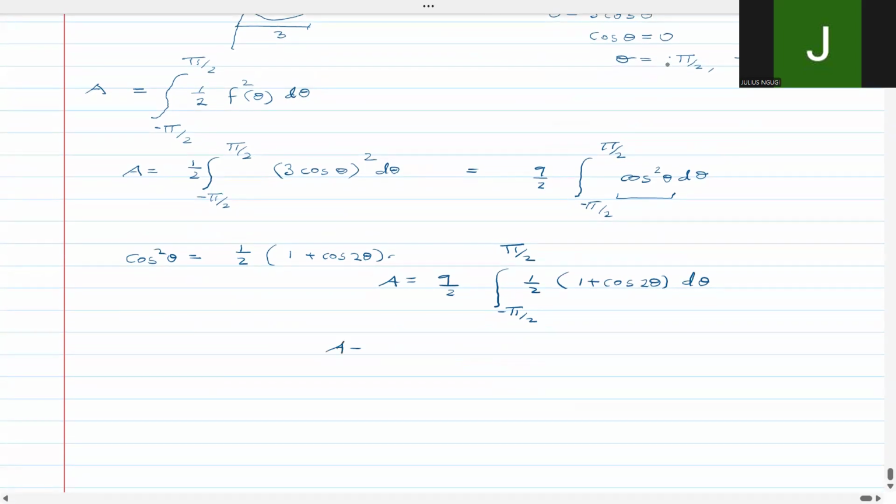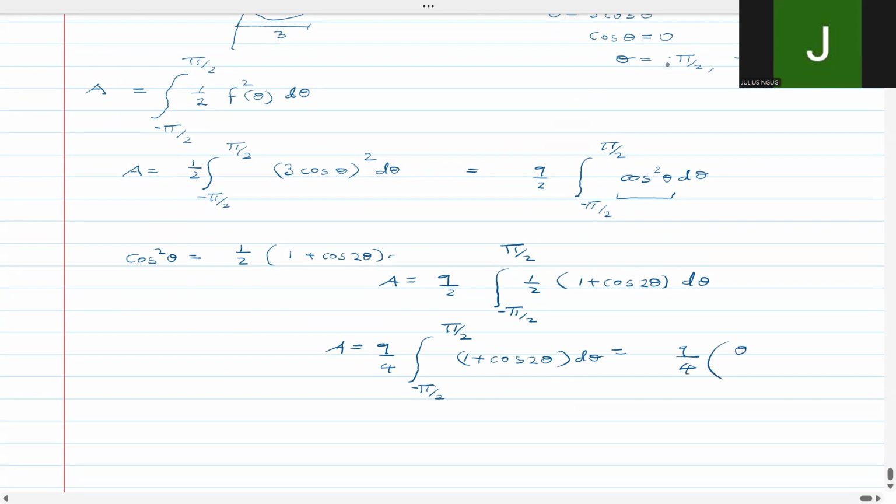This gives you area equals 9 over 4 integrated from minus pi over 2 to pi over 2 of 1 plus cosine of 2 theta with respect to theta. And this becomes 9 over 4. The integral of 1 is theta.